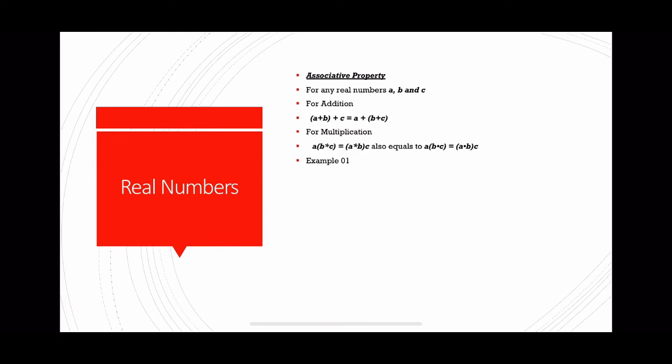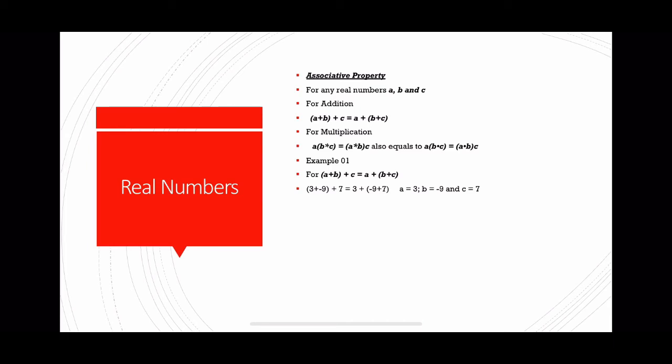So, example: (3 plus negative 9) plus 7 is equal to 3 plus (negative 9 plus 7), where a is equal to 3, b is equal to negative 9, and c is equal to 7.